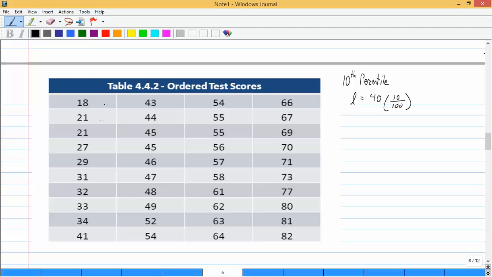And that gives us 4.0. So this is a case where we got an integer. It's not where we round up. This is the other case we haven't done yet. The way that we get the percentile is we find the average of the 4th and 5th data items.